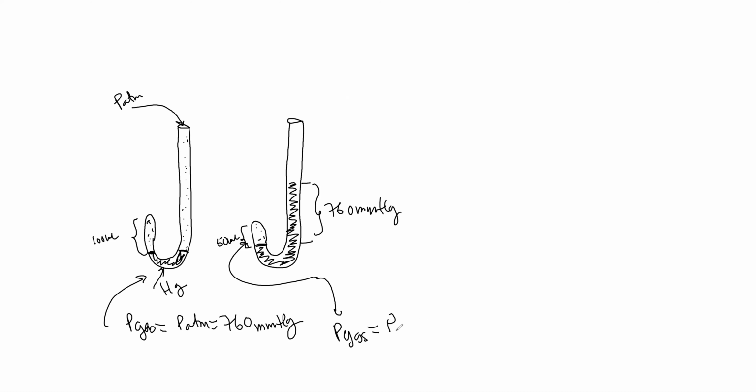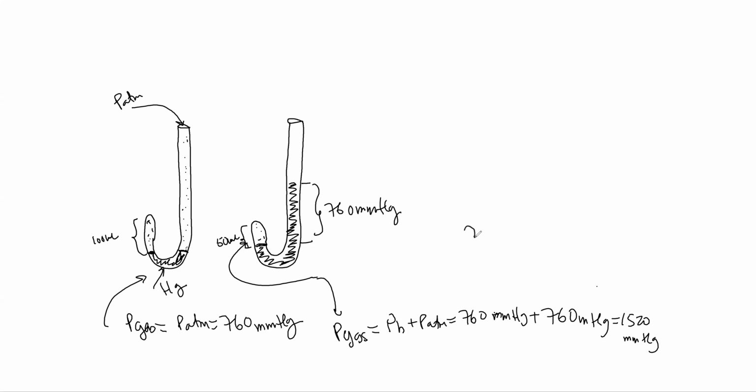The P of the gas will be the P of the height of the mercury plus P atmospheric, and that will give us 760 of added mercury that we just added, plus 760 millimeters of mercury that was originally there, the tube was open, that was coming from the atmosphere, or exerted by the atmosphere. There will be 1,520 millimeters of mercury.